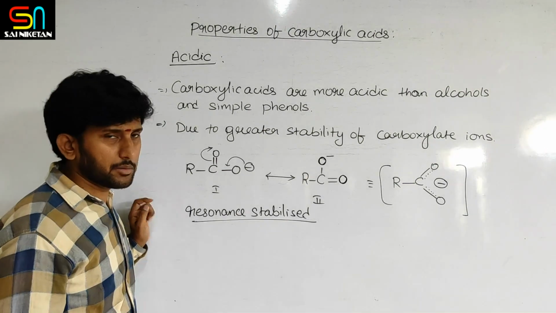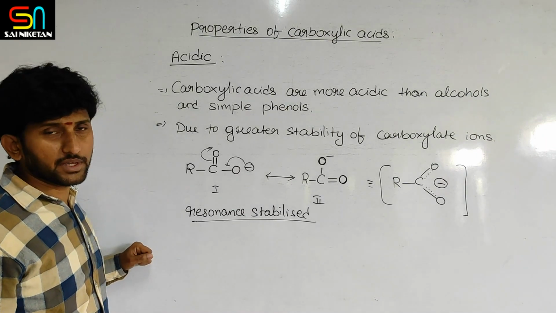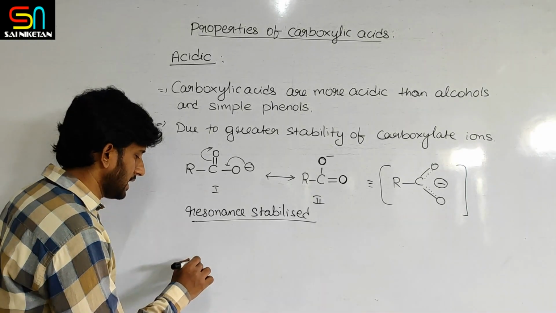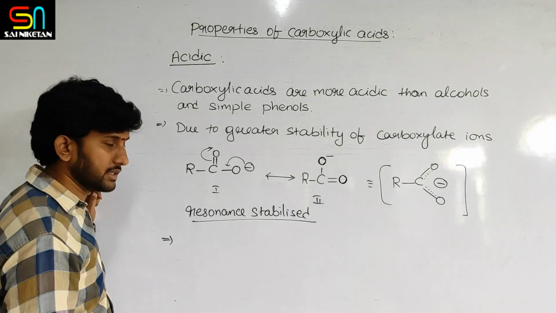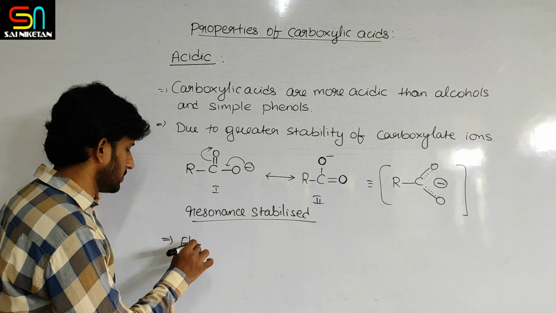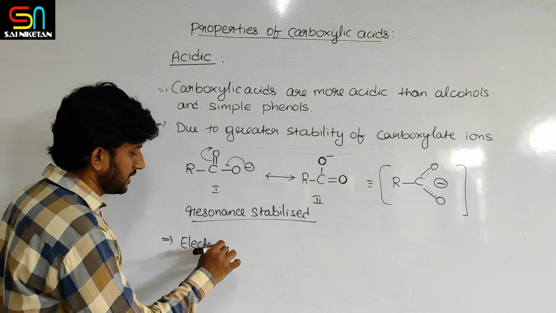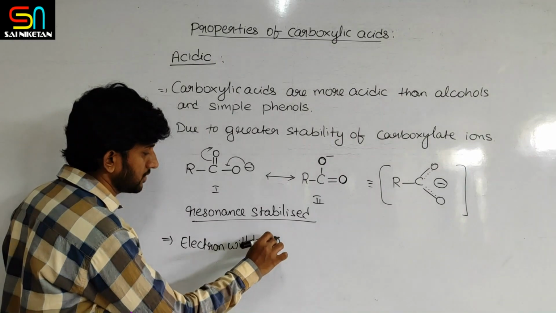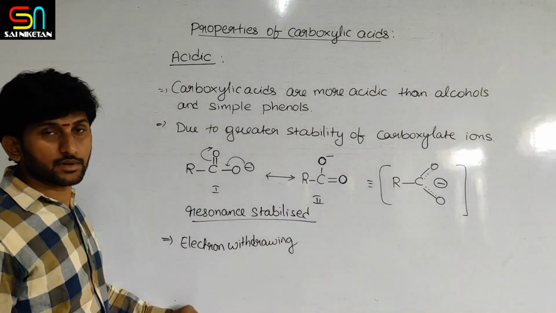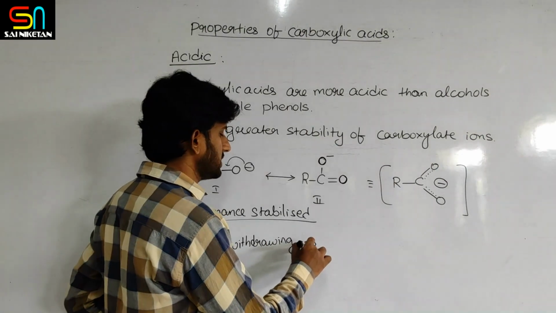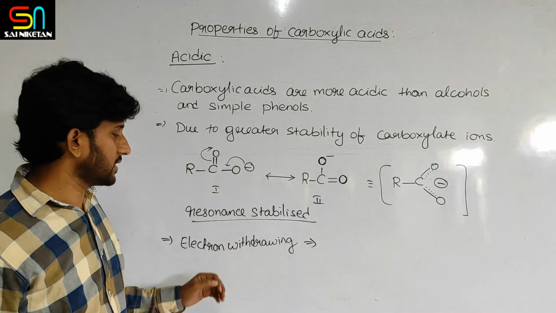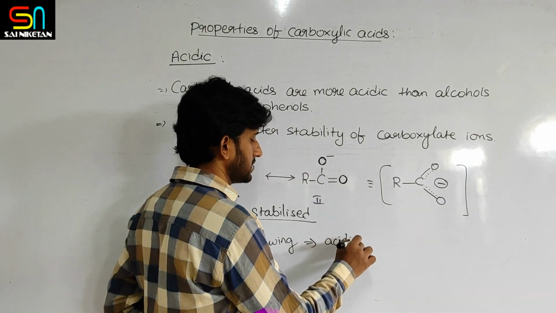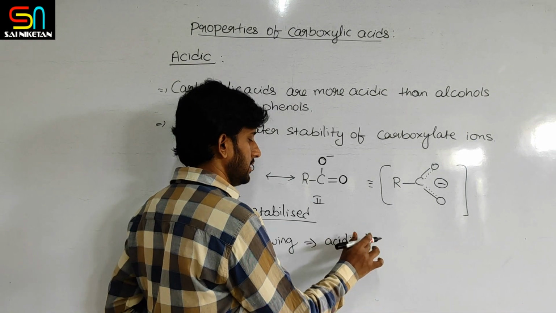And carboxylic acid strength depends on the substituents also. If electron withdrawing groups are present on the carboxylic acid, they stabilize the carboxylate ion more. They give more stability to the carboxylate ion, so acidic character increases.